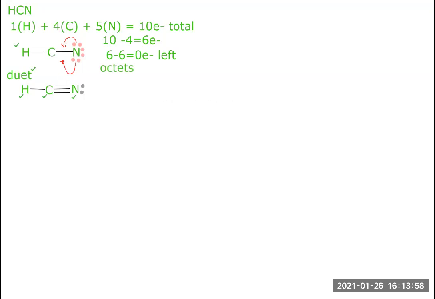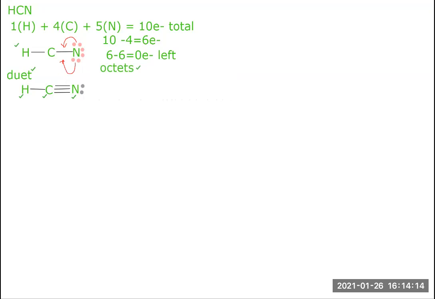So now we also need to check that the total number of valence electrons is 10, like it should be. So let's count that.